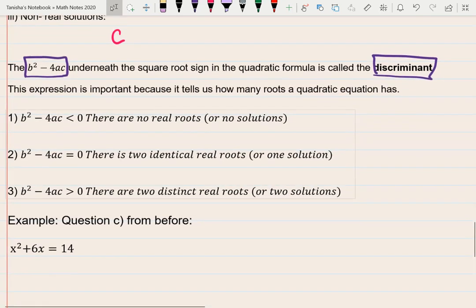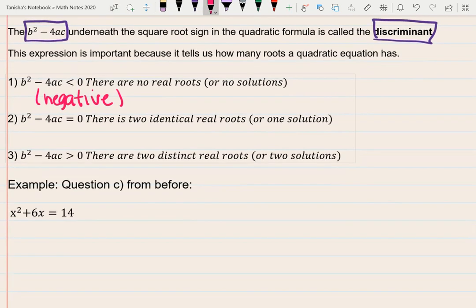If the discriminant b squared minus 4ac is less than 0, so negative, which we saw in question C, it was a negative number, so we couldn't evaluate the square root. That means that there will be no real roots.